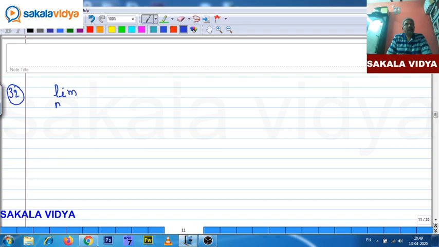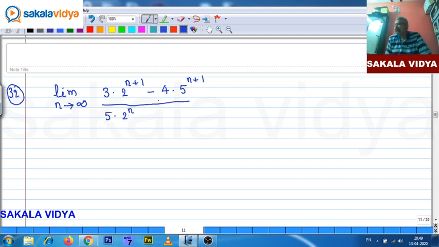Okay. Limit n tends to infinity, (3 into 2 to the power of n plus 1 minus 4 into 5 to the power of n plus 1) upon (5 into 2 to the power of n plus 7 into 5 to the power of n) equals to.